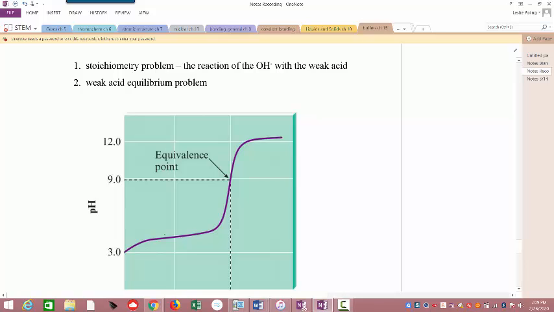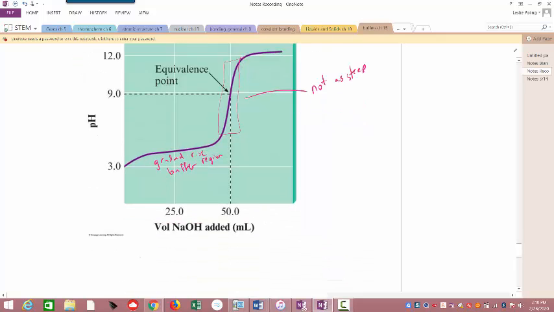But look at this, how you have more of a gradual rise, because this is your buffer region. Okay? And this is not as steep as it was in the strong acid, strong base.